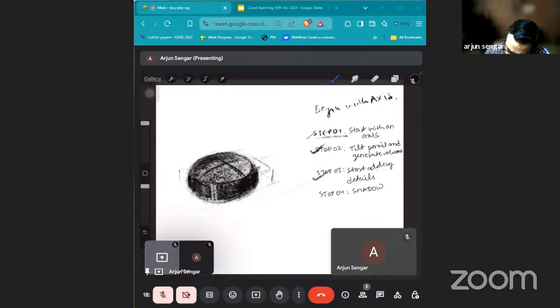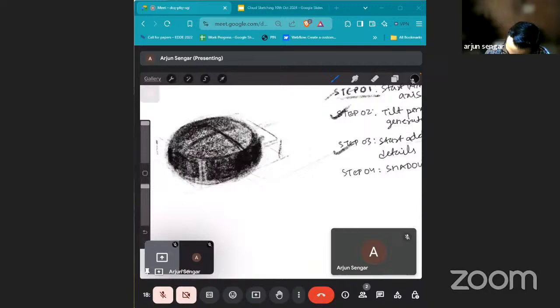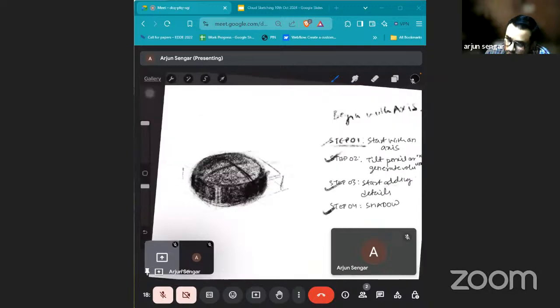Very free form at this point. Then further, we can add a shadow. This step is the shadow.